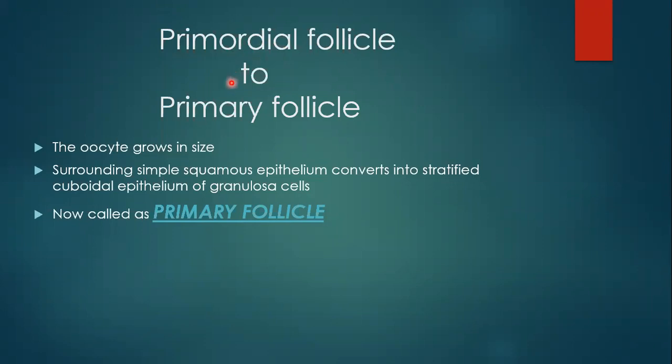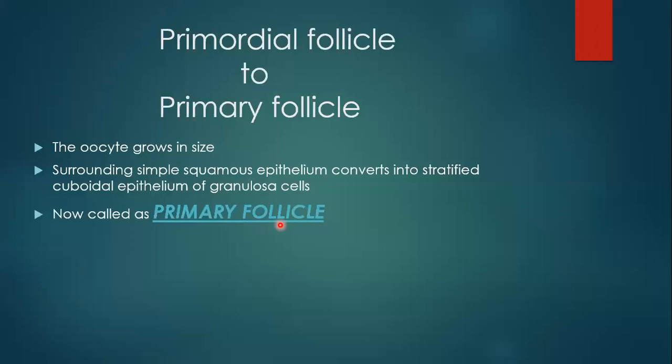Now, from primordial follicle to the primary follicle, as we already have discussed, the oocyte grows in size, and the surrounding simple squamous epithelium of the follicular cells is converted into the stratified cuboidal epithelium of the granulosa cells, right? Now this is known as the primary follicle.